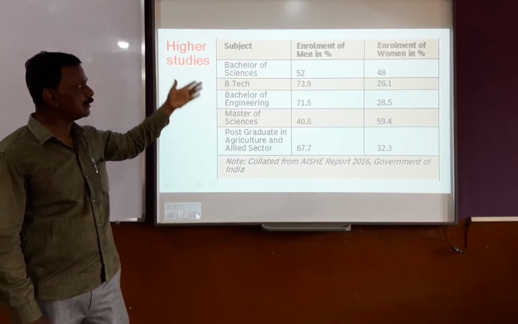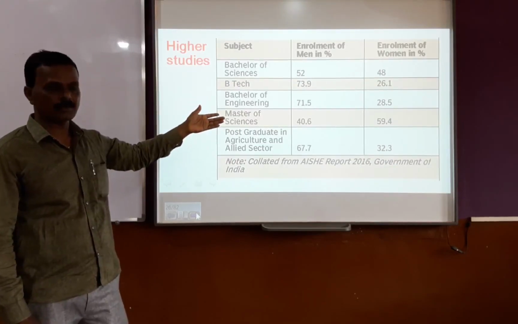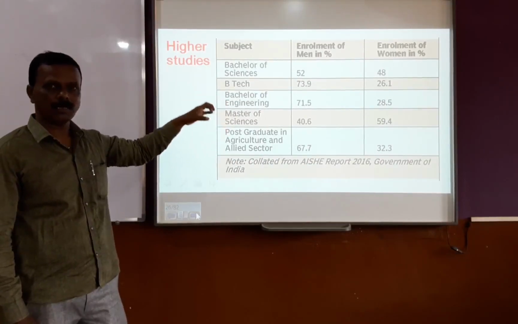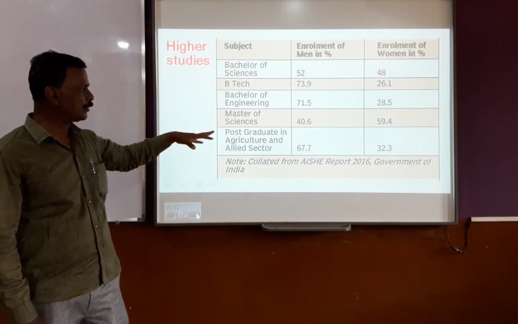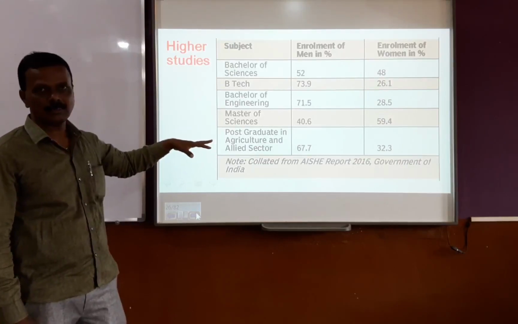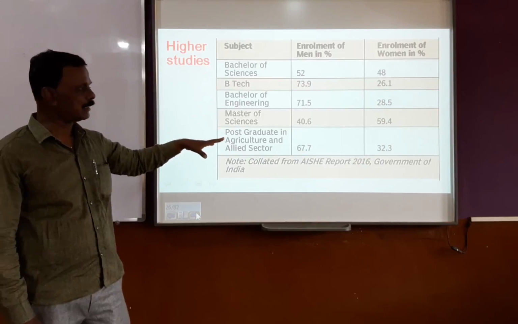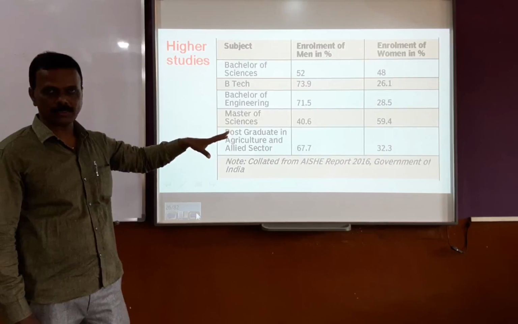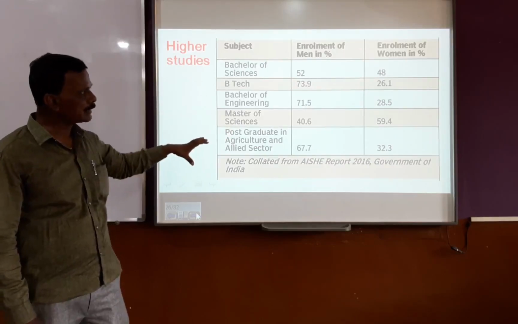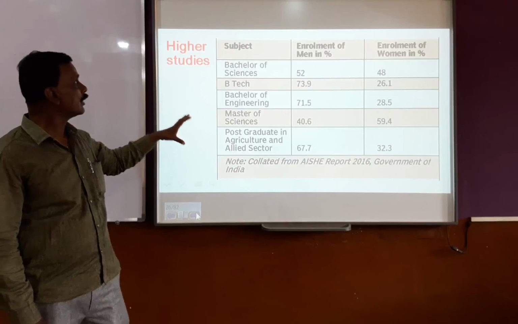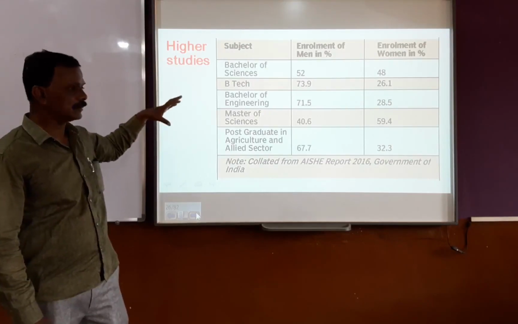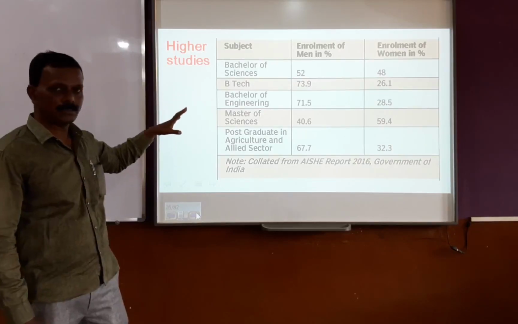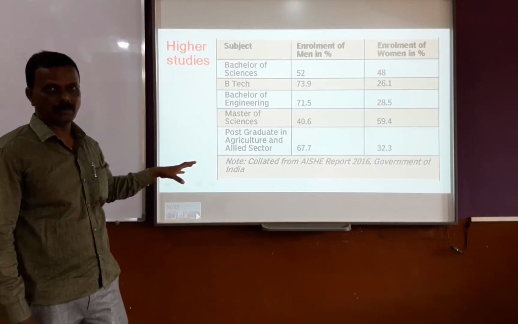Master of Science: men 40.6% and women 59.4%, a little higher. Post graduation in agriculture and allied courses: men 67.7% and women 32.3%. By seeing all these statistics, we can say that the number of girls going for higher studies is very low compared to boys.